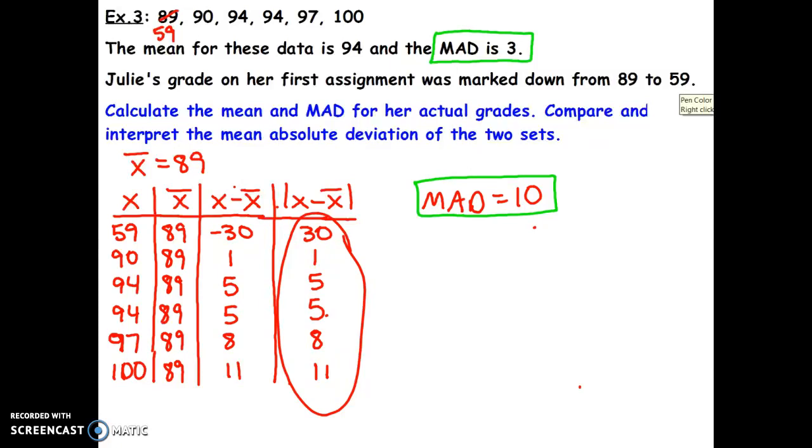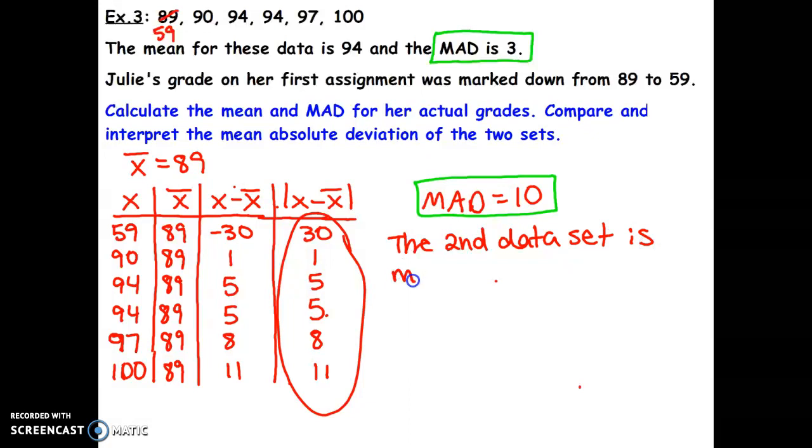So this MAD is bigger than this MAD. The MAD for the second data set is bigger than the MAD for the first data set. So we can say that the second data set is more variable than the first data set.